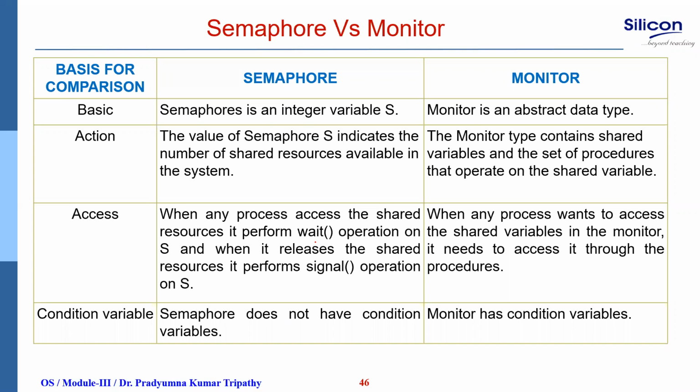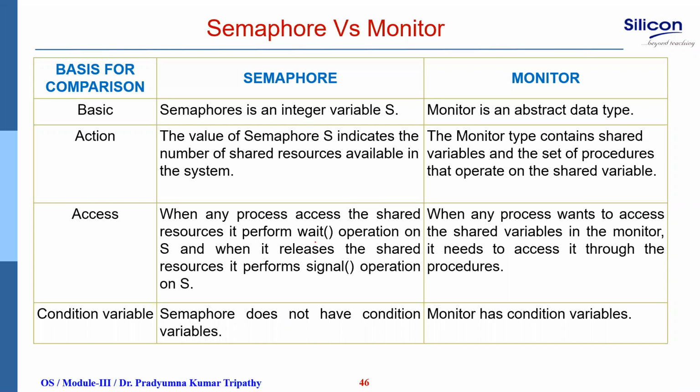But in a monitor, when any process wants to access the shared variables in the monitor, it needs to access them through the procedures only. The data members or shared data cannot be accessed directly. Correct? And condition variables are not there in a semaphore. A semaphore doesn't have condition variables, but monitors have condition variables.